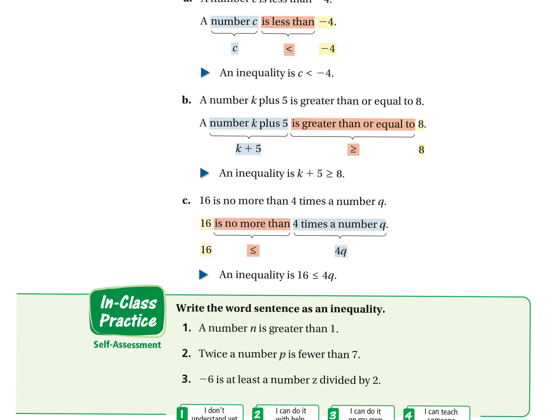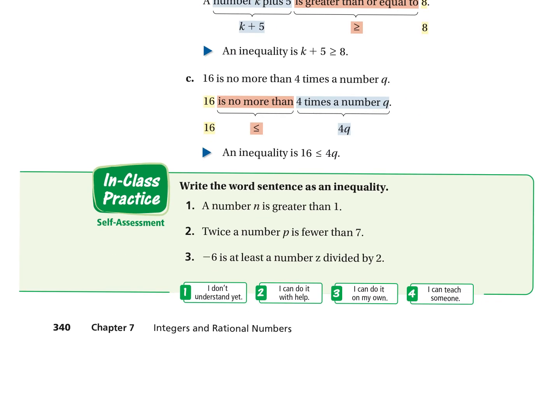Again, you can use the dot for the multiplication symbol, but you're going to start seeing algebraic expressions, equations, and inequalities all looking like this moving forward. Okay, so my inequality is going to be 16 is less than or equal to 4Q.